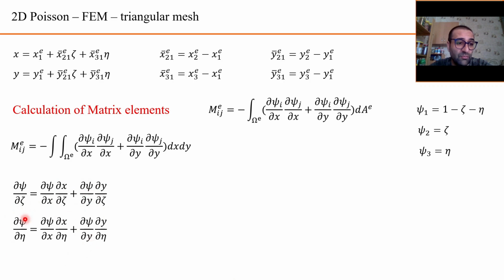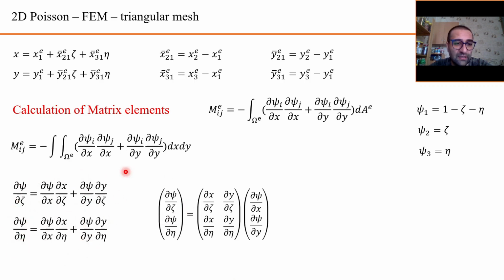We can write the same for the derivative of psi with respect to eta. And we see that we can again write this system of equations in a matrix representation, and I call this matrix J, which stands for Jacobian.